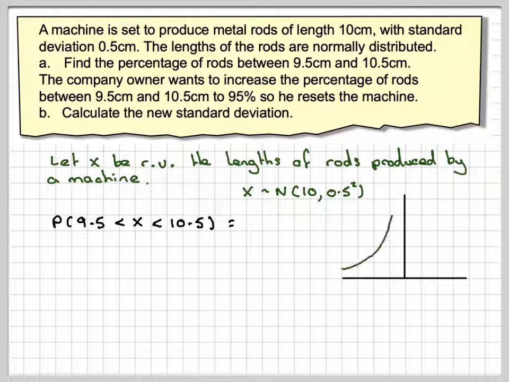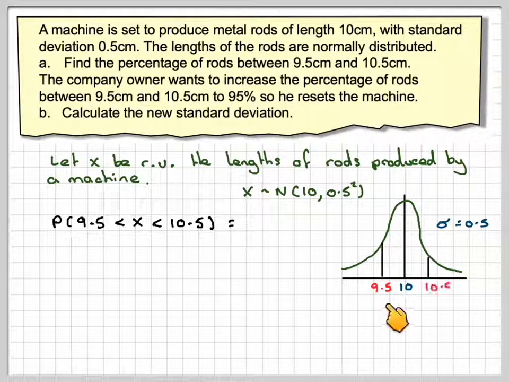Although you don't have to draw a diagram, it's much easier to understand if you do. The mean is 10, the standard deviation is 0.5, so 0.5 away gives 9.5, and another 0.5 above 10 gives 10.5, and basically we want the calculator to calculate that area.